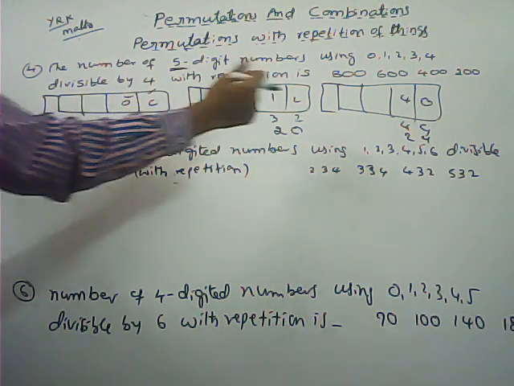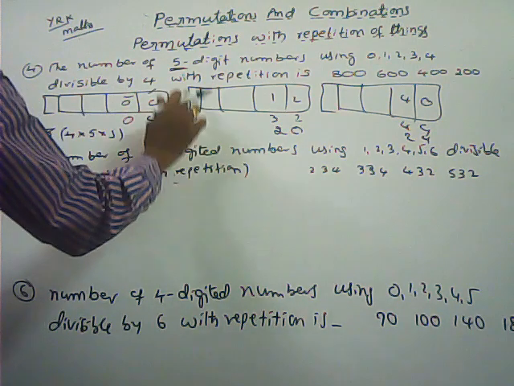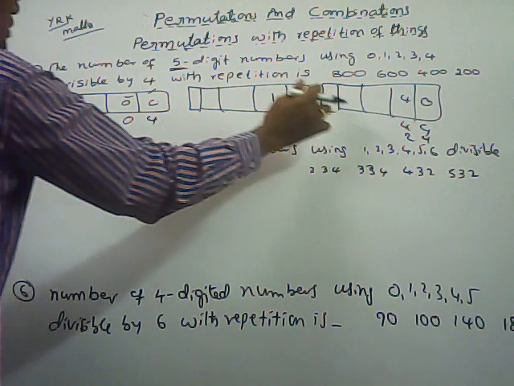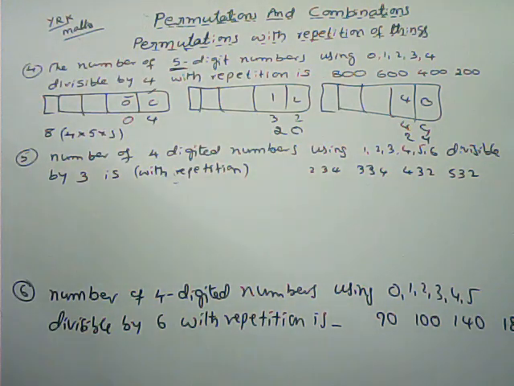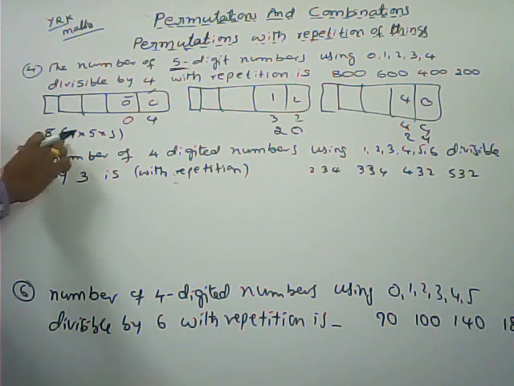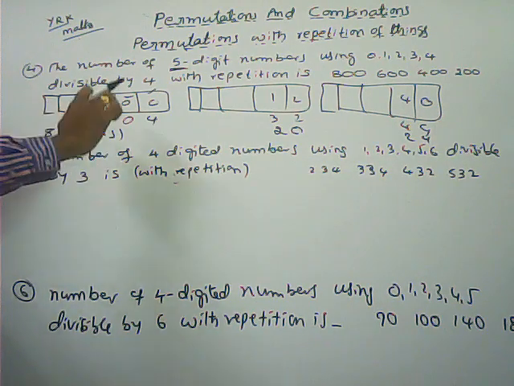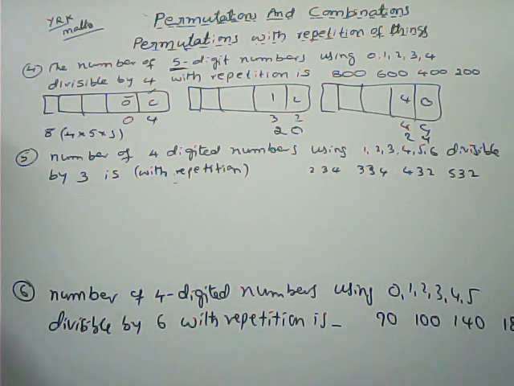Total like that, how many are there? Everywhere the same ways only. 4 into 5 into 5. First 3 blank places we can fill with these number of ways. Total 8 are there. 8 into 4 into 5 into 5. So here we can get 800.